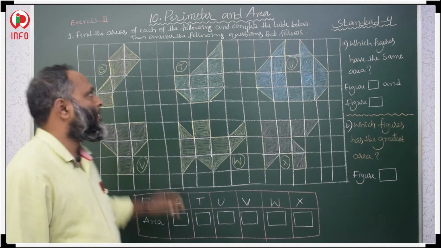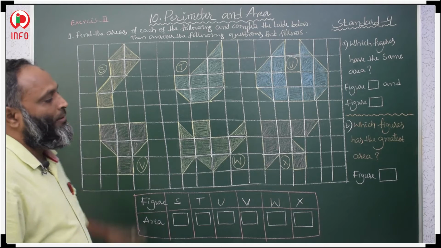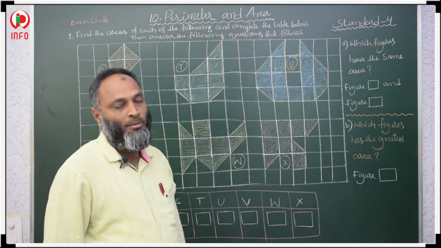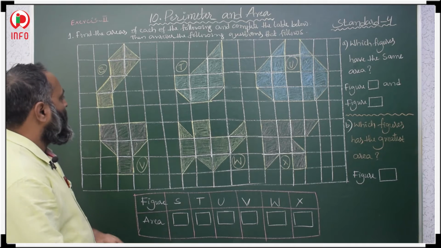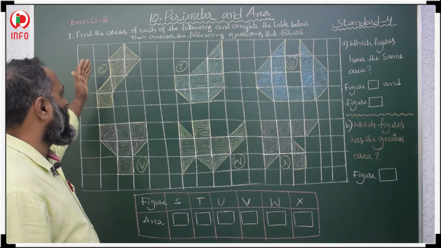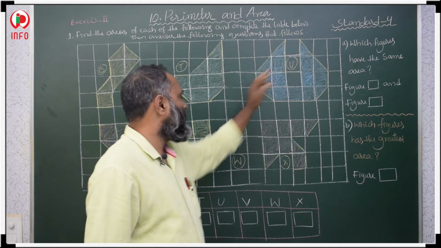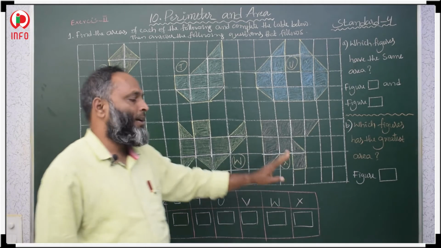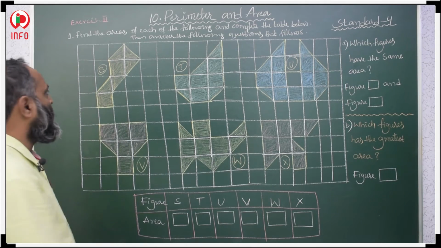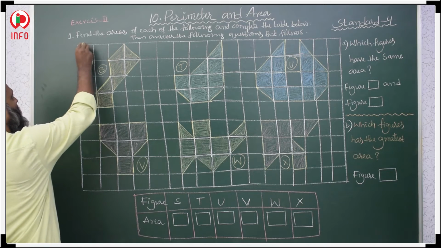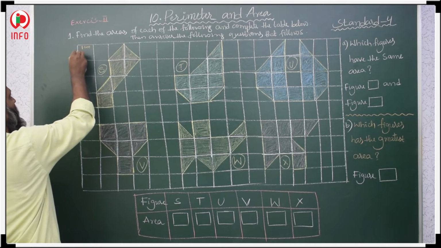Now students, in exercise 2, we are going to find the area of irregular shapes. How do we find them? See here, 6 irregular shapes are given: S, T, U, V, W and X. We have to find the areas of these 6 irregular shapes. Each square has 1 centimeter length and 1 centimeter breadth.